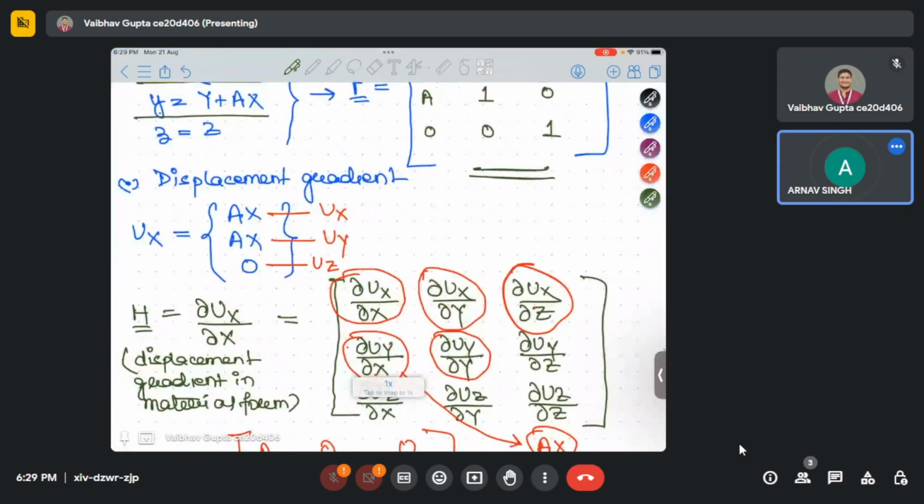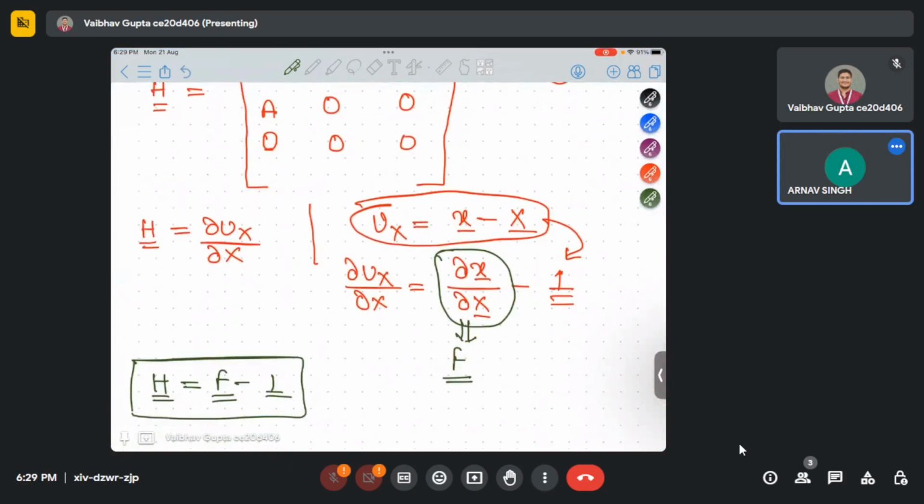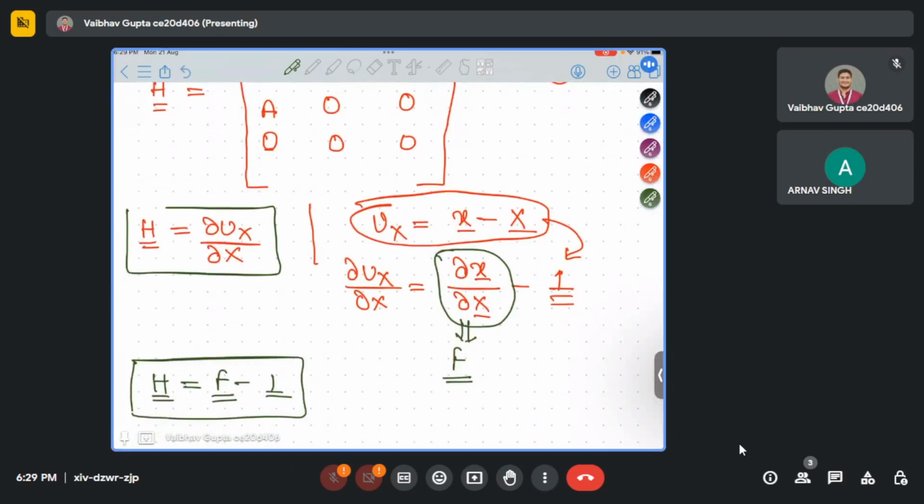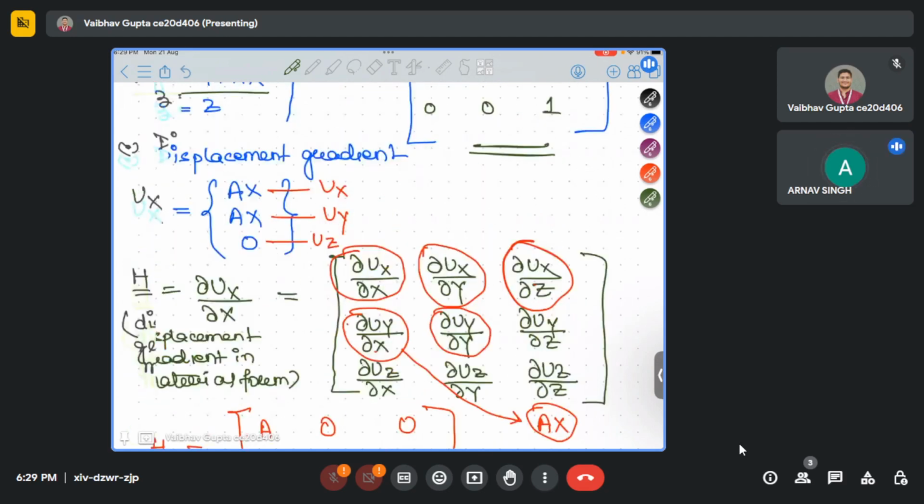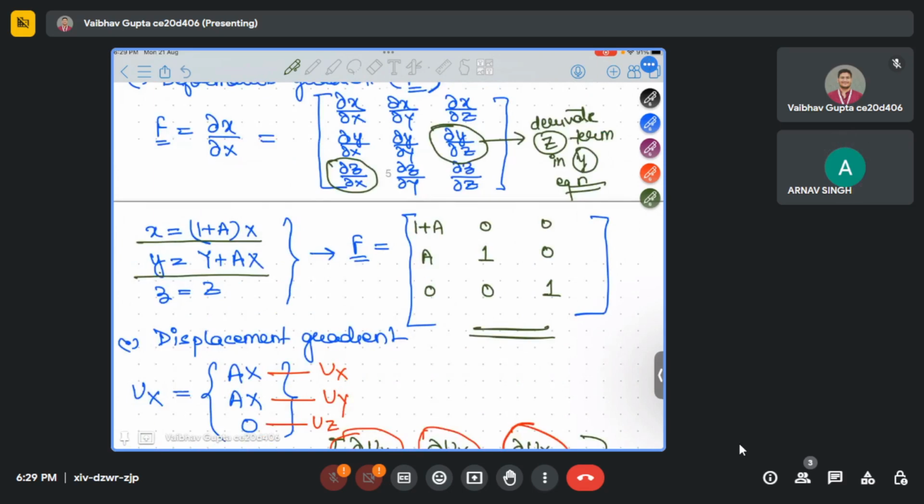I have told you H is nothing but the partial derivative of Ux with respect to capital X. Now we write Ux in terms of small x minus capital X. If you differentiate this, you will get this expression, and this expression is nothing but the deformation gradient, which we found out initially.